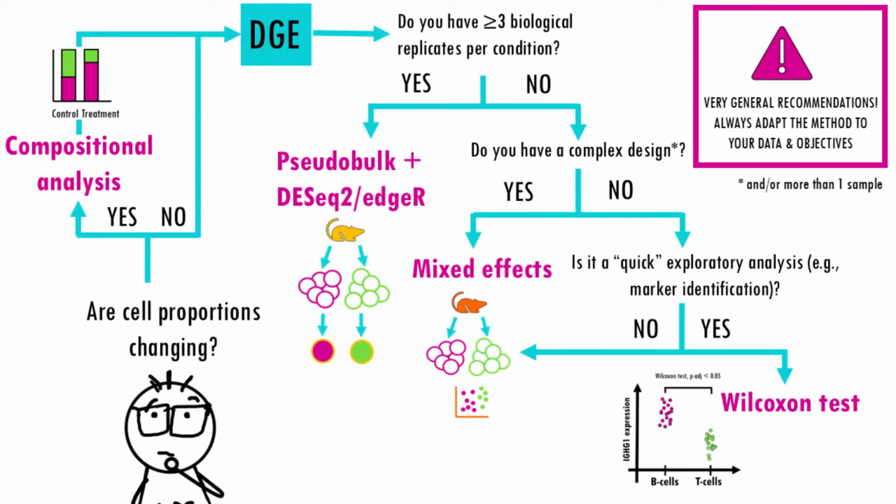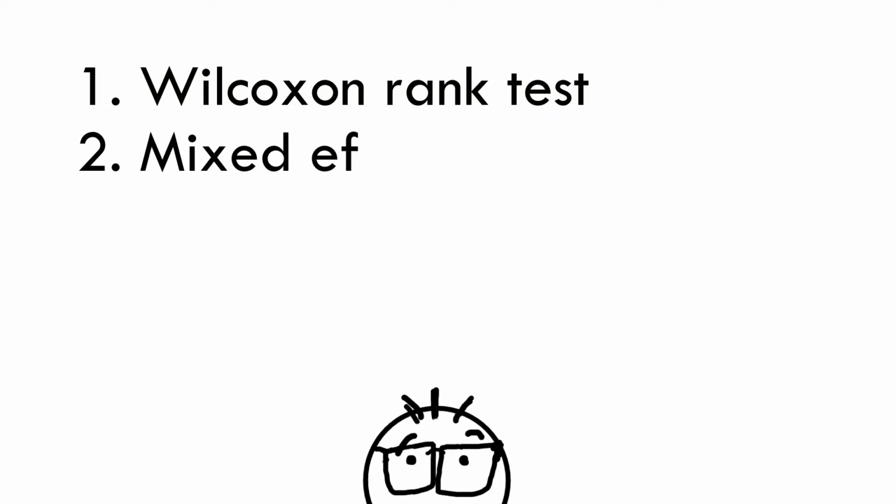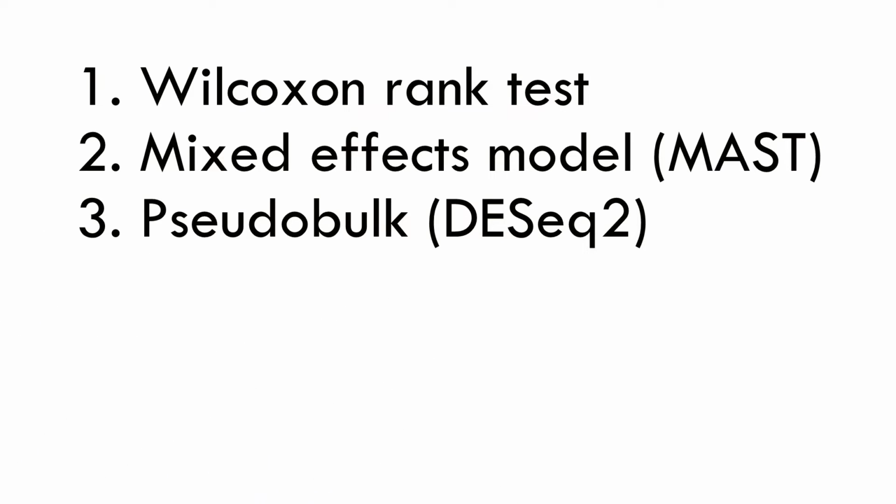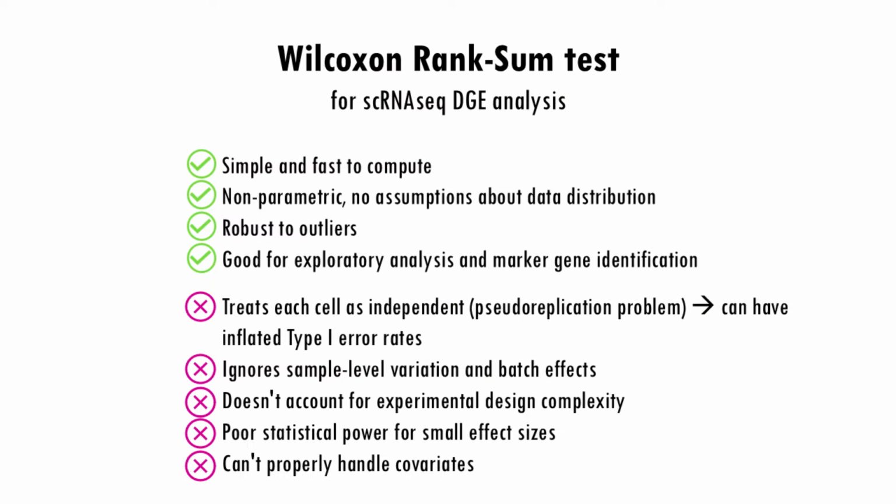In this tutorial, we will walk through how to perform differential gene expression analysis, or DGE, using Seurat in R. We will explore three methods: Wilcoxon test, MAST, and DESeq2. We'll use Wilcoxon test for a quick and easy, very rough first differential gene expression analysis between clusters of a single sample.